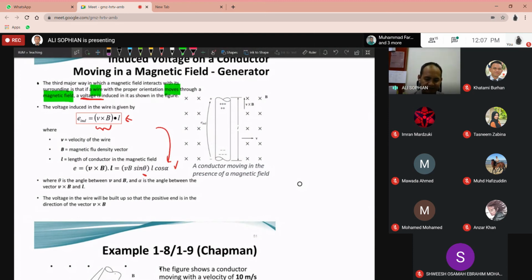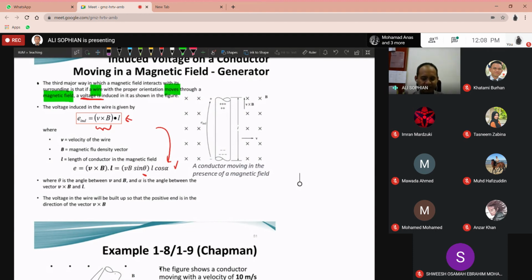The actual symbol is V, but V and F are like the same thing. Why we use F is just so it is easy to remember, because it will be the same as the previous one. But this F is actually V now, which is the speed. So you got V, B, I, VBI.